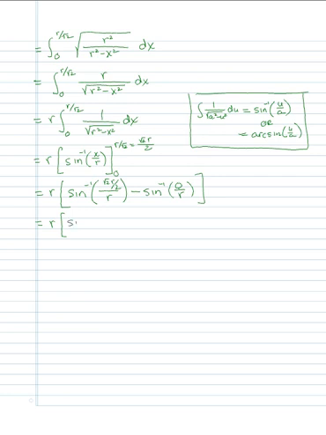So let me rewrite it here. That fraction is going to simplify to nothing more than the square root of 2 over 2. And of course here, the fraction simplifies to just 0.